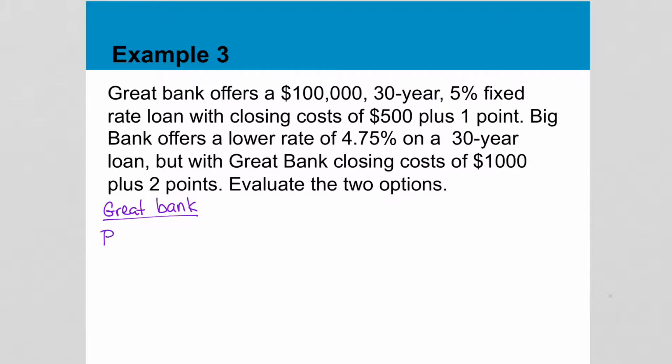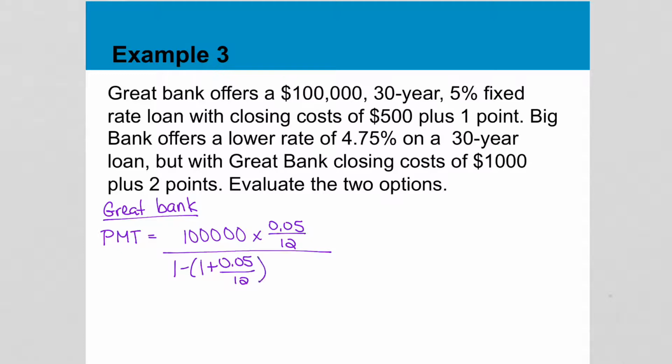Okay, so Great Bank, we're going to figure out our payment. That'll be the principal, $100,000, times the APR, 0.05, divided by 12, all divided by 1 minus 1 plus 0.05 divided by 12 to the negative n times y, 30 years.